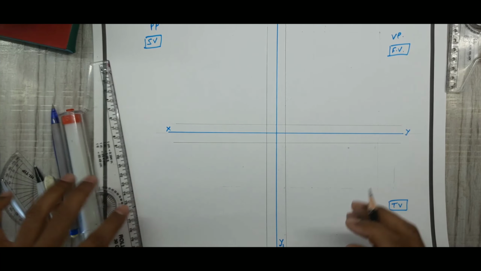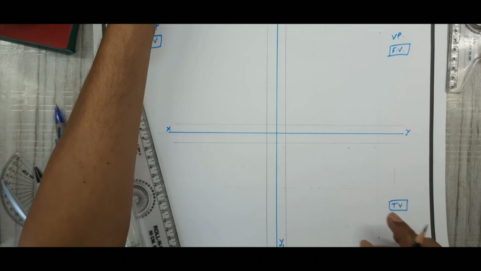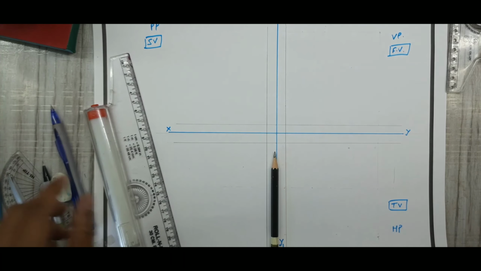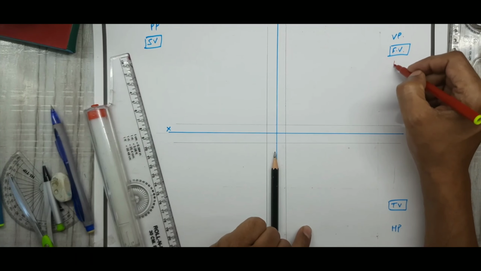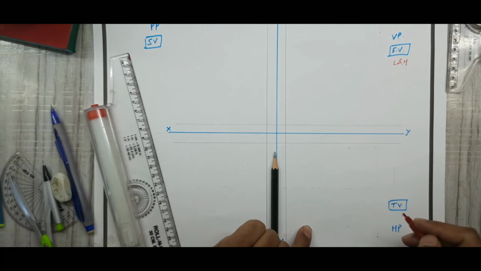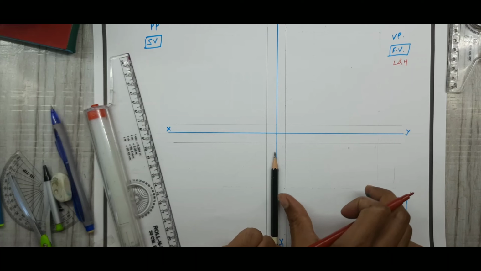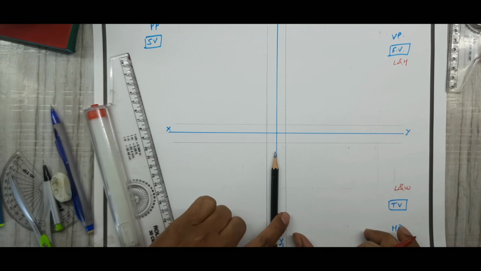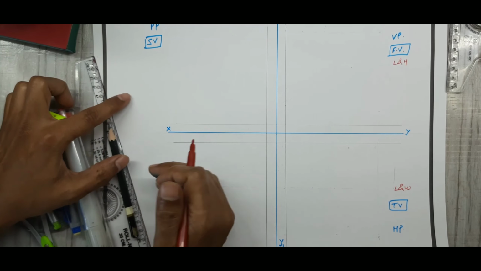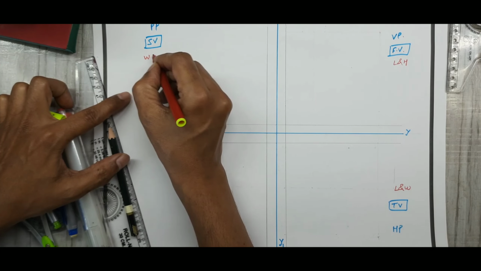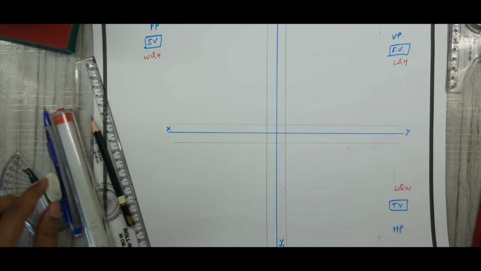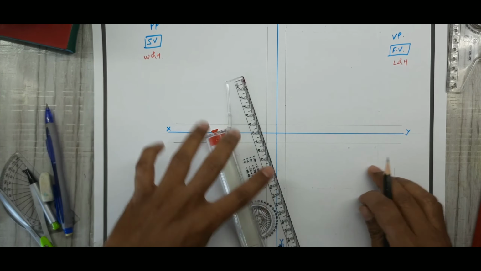After that, what will I do? I'll mark as per this. I know that in the front view, we'll always get length and height. And in the top view, we'll always get length and width. This is your width. This is L. And in the side view, we'll always get width and height. So as per that, I'll mark the dimensions.